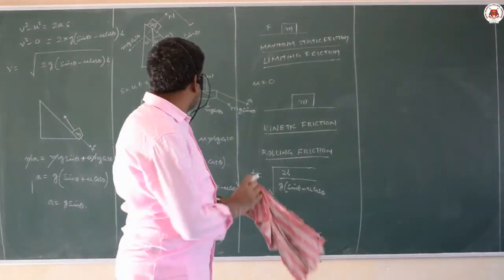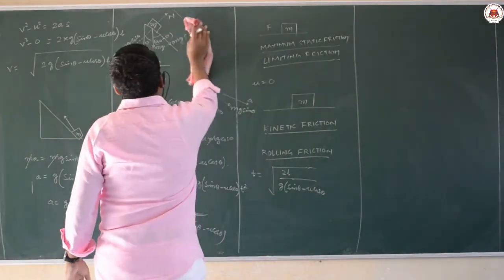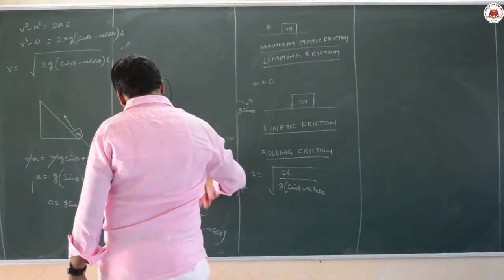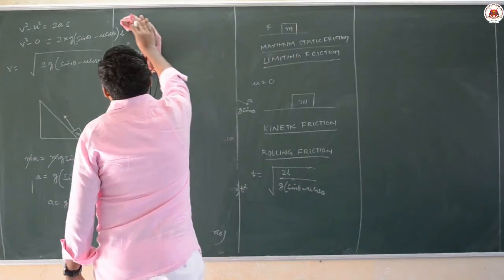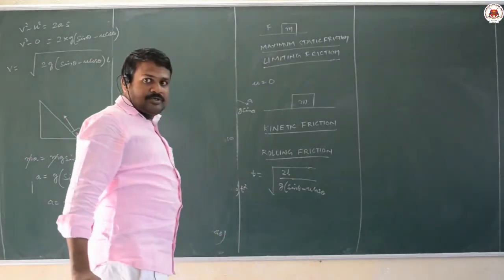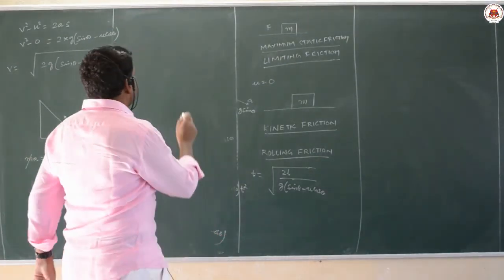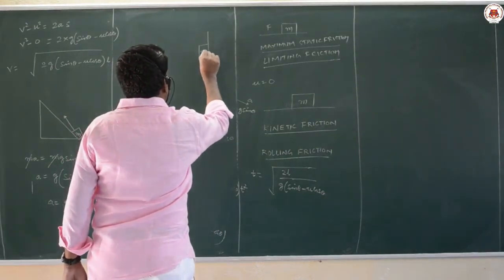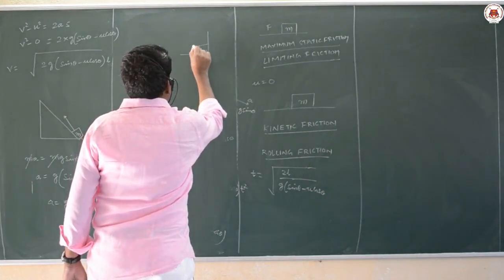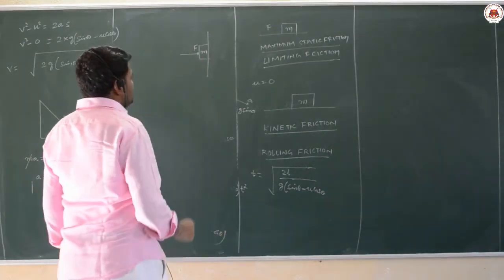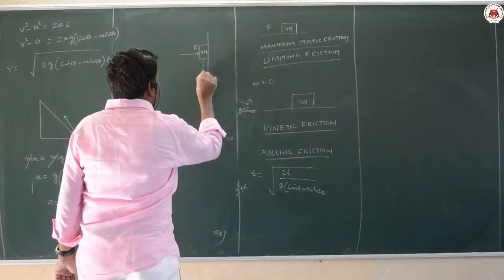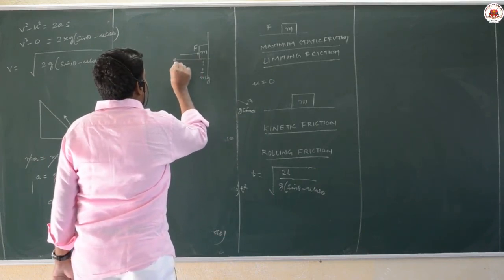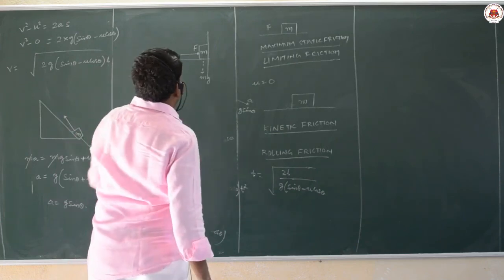Next, we take one more example, that is when a body of mass m is pressed towards the wall with a force F. In this case mg acts down, and the normal reaction will be in this direction because these two are in contact.